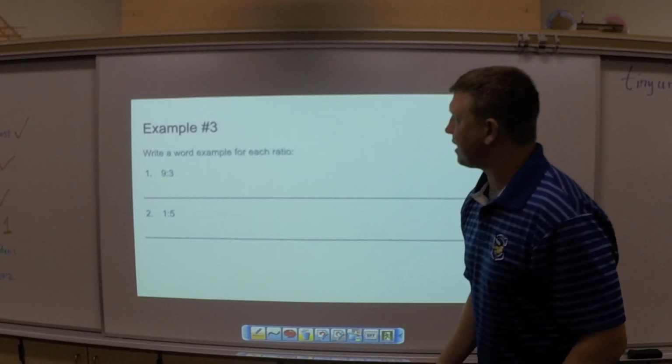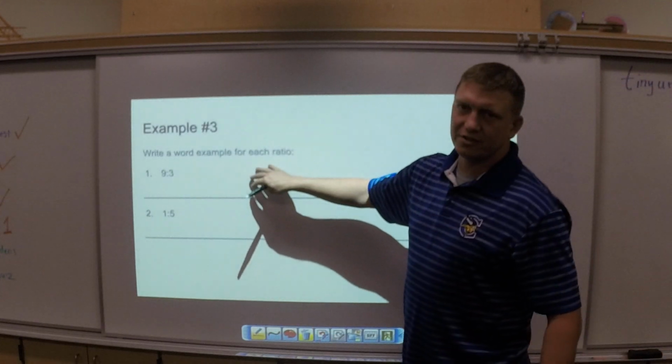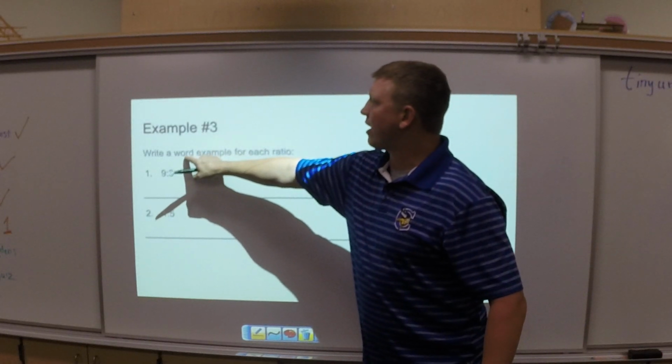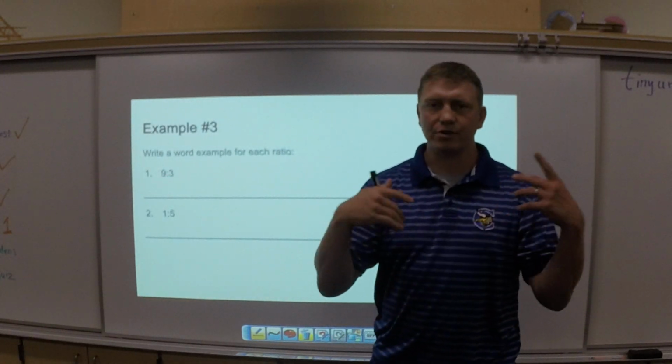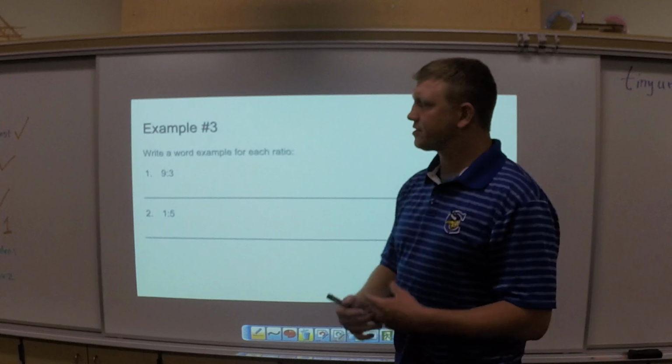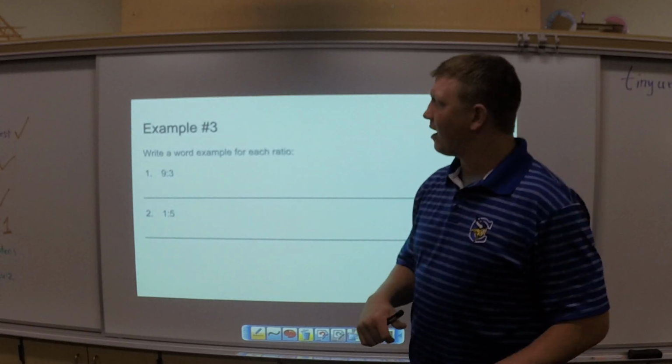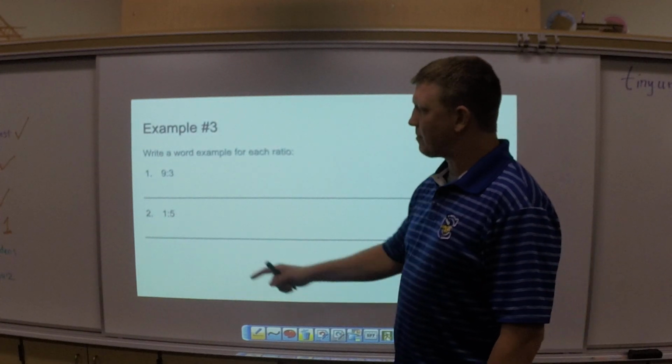Here's an example, they might ask you to do this, and it says sometimes to write a word example for each ratio. So you could come up with apples and oranges and marbles and whatever you want to think about. I'm looking at whiteboard markers.